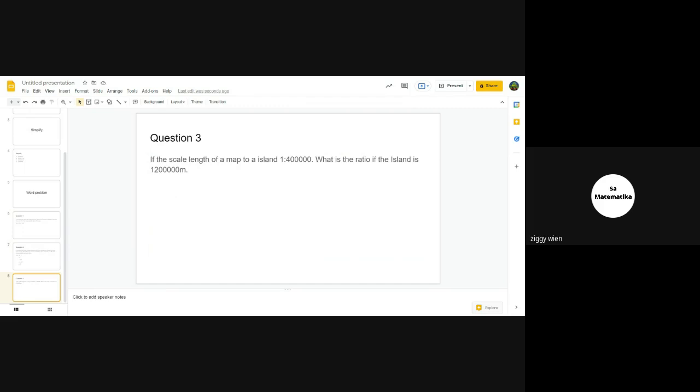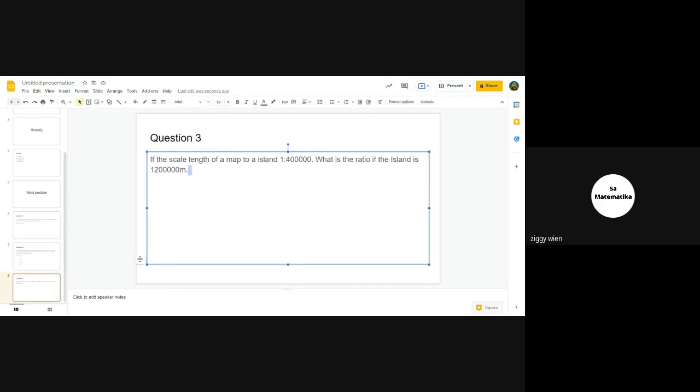Now, question 3. This is a different type of question, because it asks about a scale. If the scale of the length of a map to an island is 1 to 400,000, what is the ratio if the island is 1,200,000 meters? How to explain this?